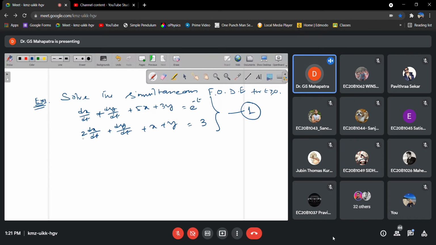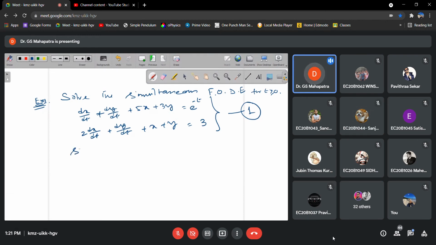Before that, tell me how many conditions are required for this problem. 2, I guess, sir. Why? Because it involves 2 different variables and it is only of first order. Yes, first order, but 2 variables are there, correct? So 1 condition for each variable. You are correct.